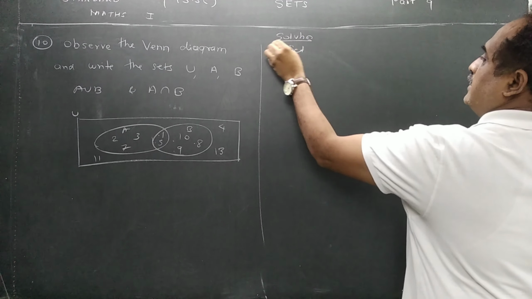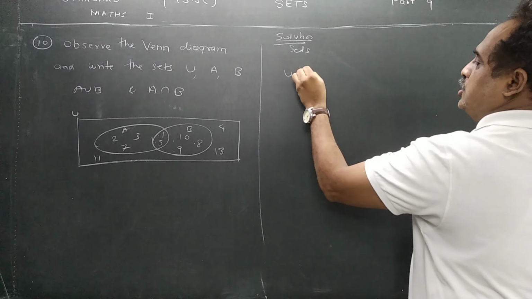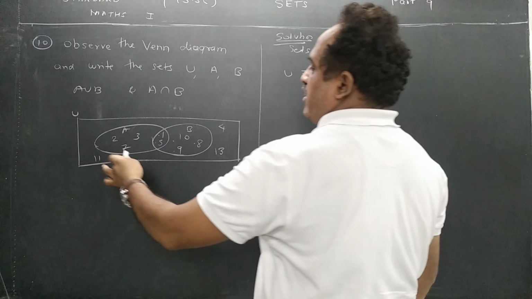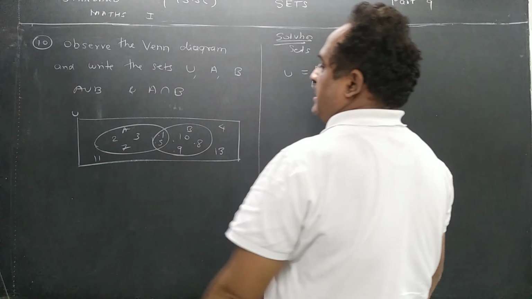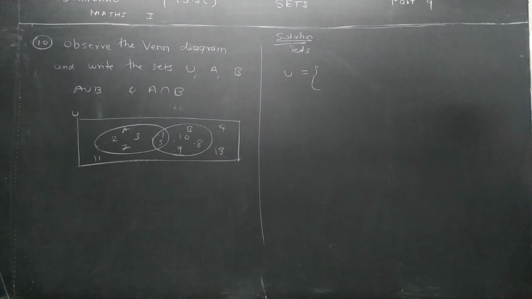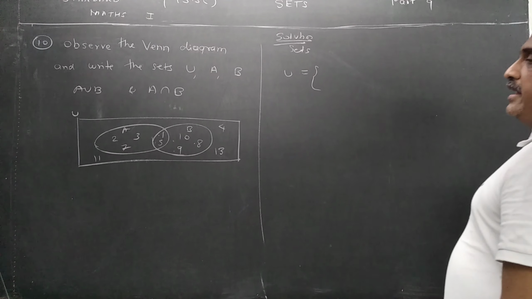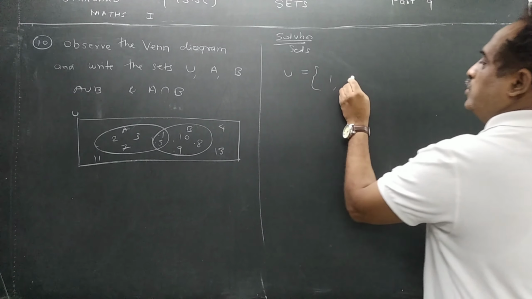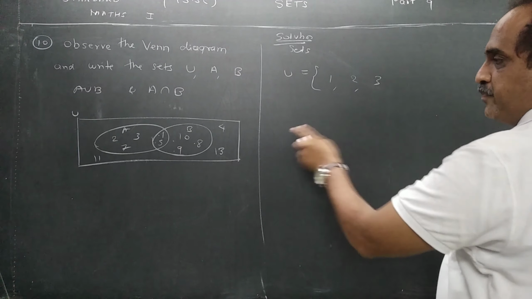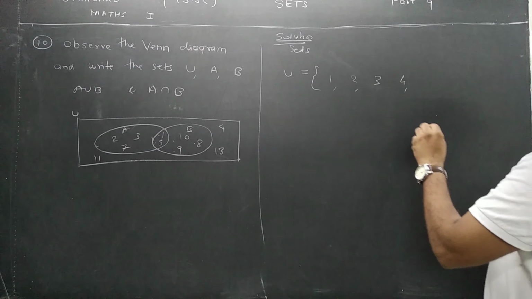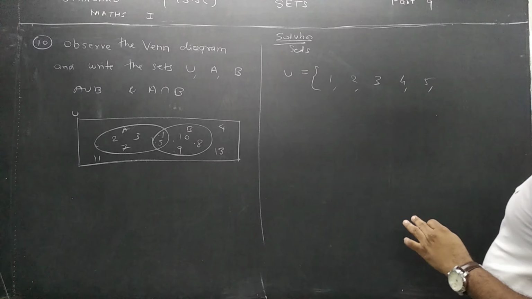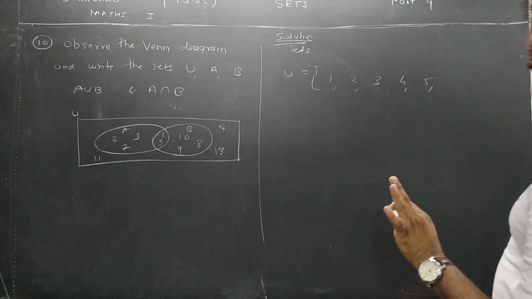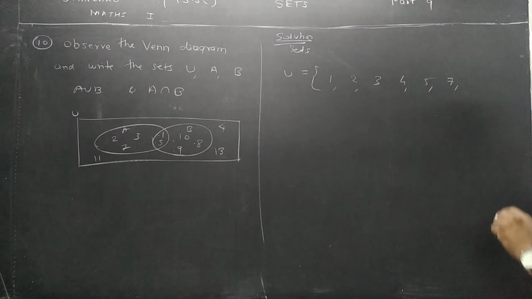Solution. Sets. First we will take U. U is a set of, meaning whatever values are there in this is the universal set. Correct? One is there. I'll write 1, then 2, then 3, 4 is also there, 5 is also there, 6 is not there at all, but 7 is there.